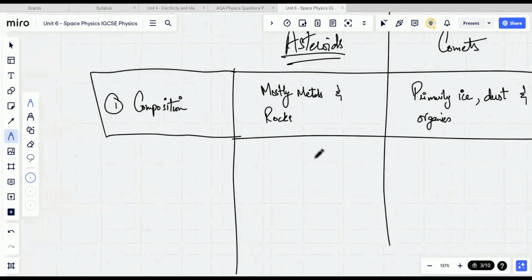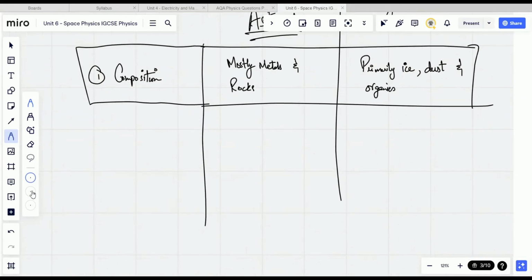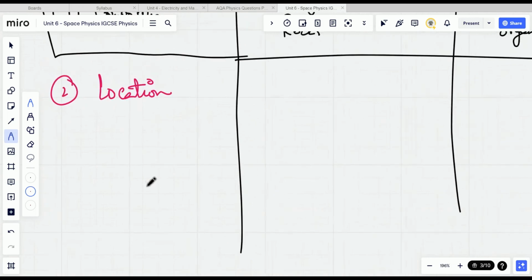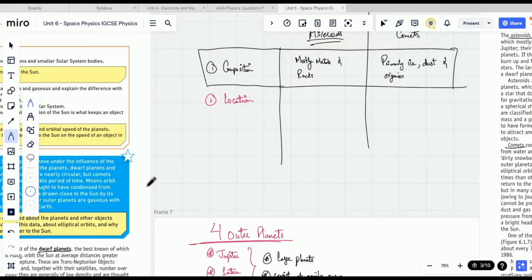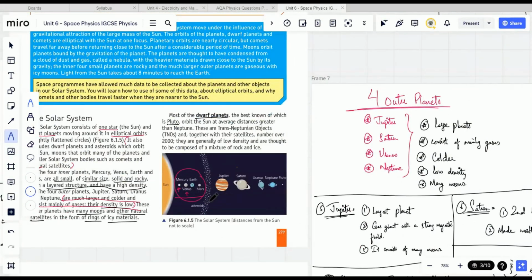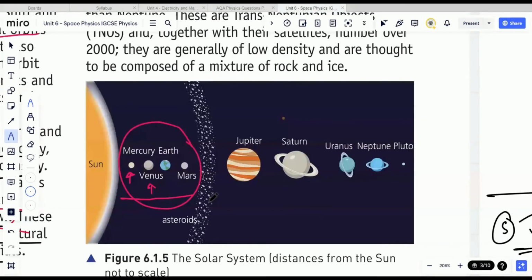Yeah. Okay. Let's talk about their location. First of all, have a look here again. Do you see this whole boundary of asteroids?